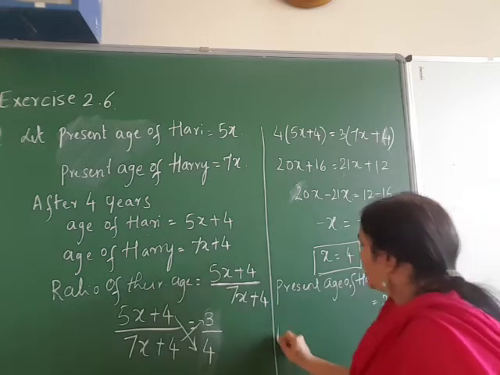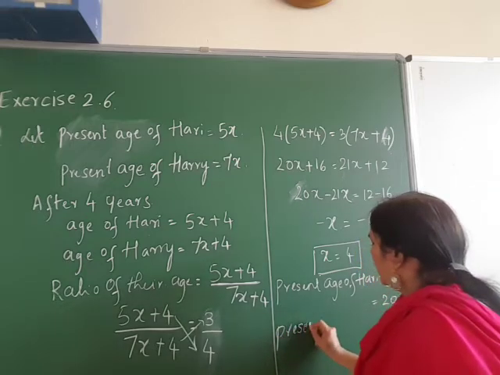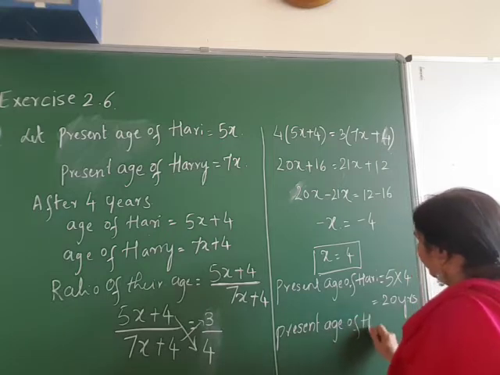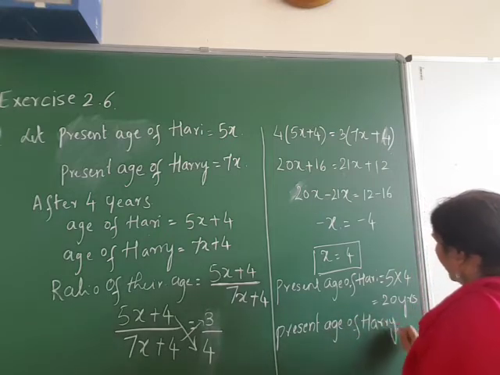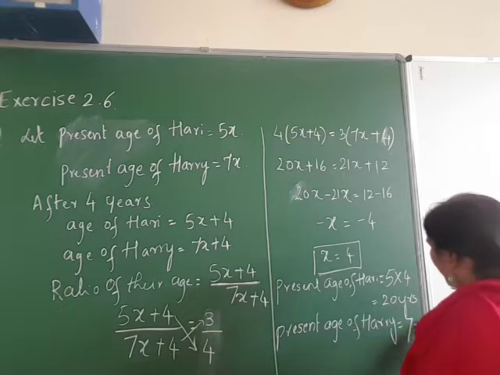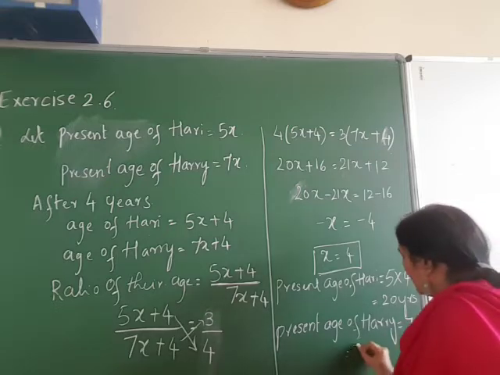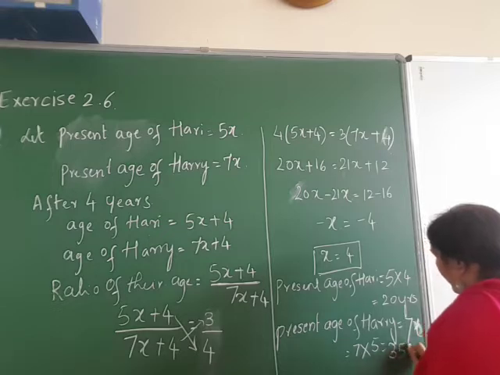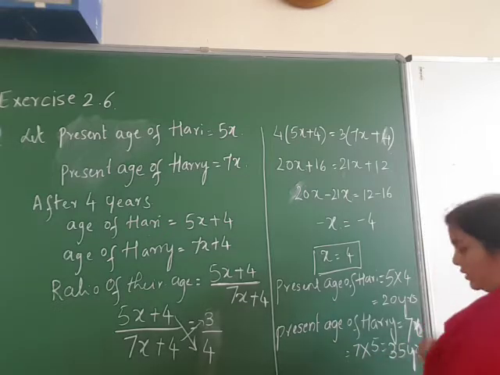Then present age of Harry is equal to 7x. So 7 into 5, it is equal to 35 years.